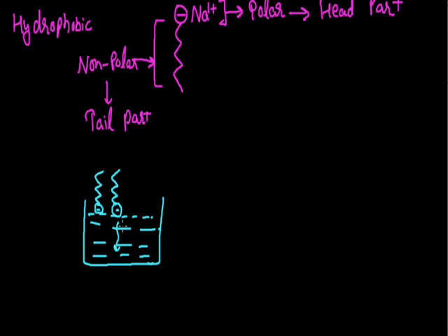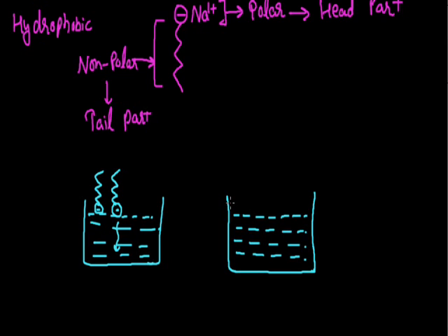As the soap molecules enter the water inside this container, again the hydrophobic parts will try to stay apart from the water. Since they are hydrophobic in nature, and whenever we are afraid of something we try to stay in a group, the same thing is followed by the soap molecules. When they are added to the water in the container, they make a cluster or group of soap molecules like this.